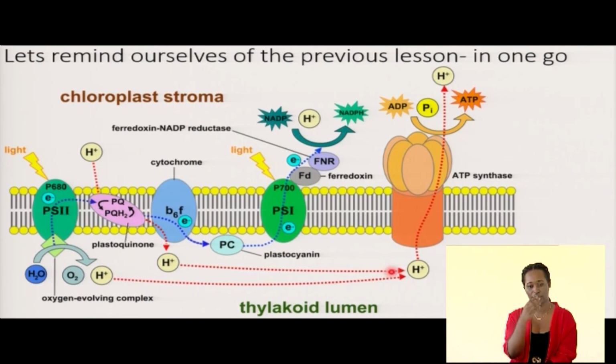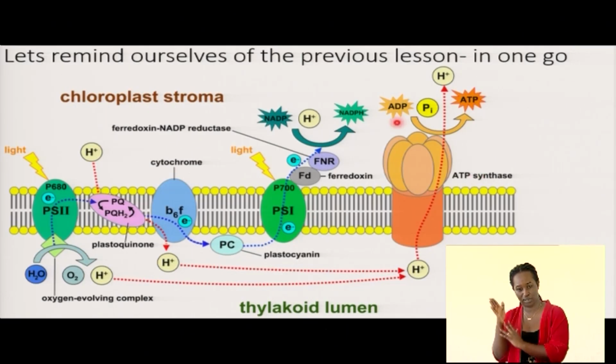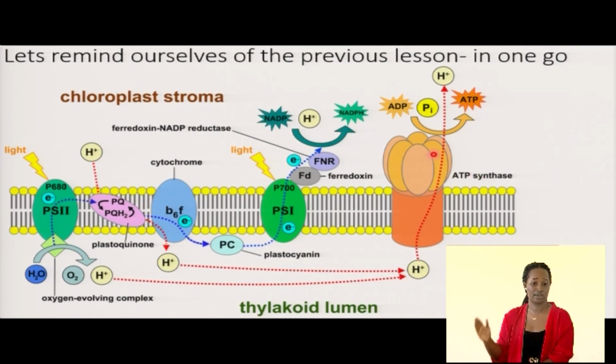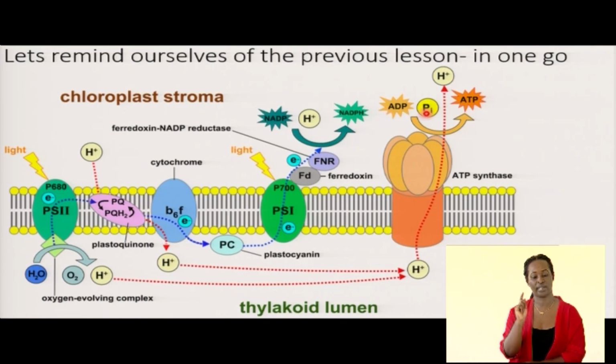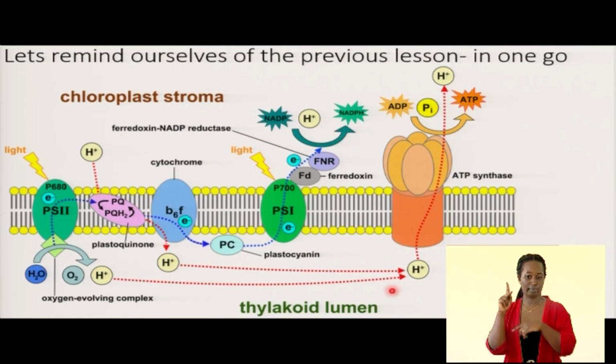With rapid diffusion, these will pass through ATP synthase, a proton pump we now do have. As these pass through to this side, we now do have ADP added to Pi, an inorganic phosphate, producing ATP. So we have phosphorylated ADP by adding Pi, using the energy released by these protons as they get pumped into ATP synthase to form ATP.